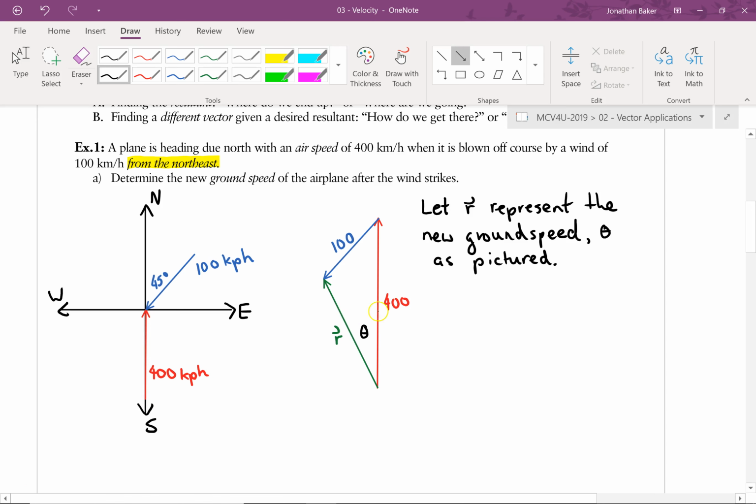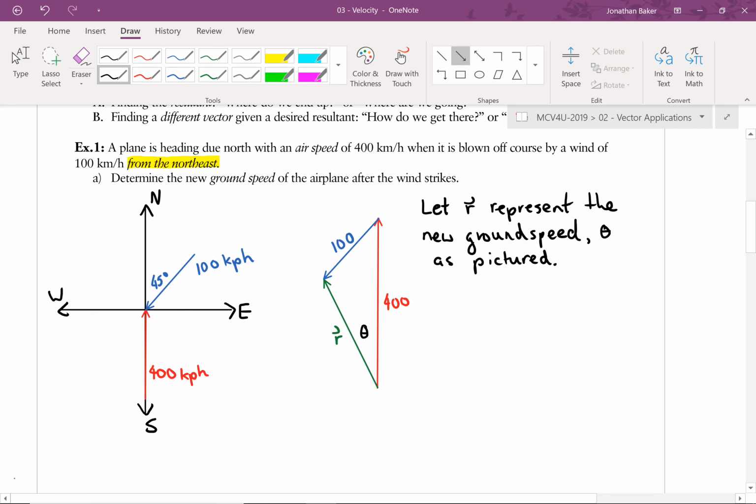If we can figure out that angle and this length, then we should be good to go. So think for a moment: how could we get more information in this little vector diagram? Notice how over here we know a little bit more about the wind speed. We know that it's 100, and we also know that it's coming in at an angle of 45 degrees. So think about how you can move that into the vector diagram.